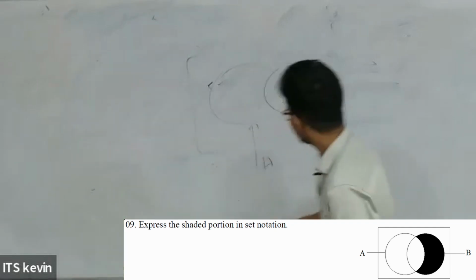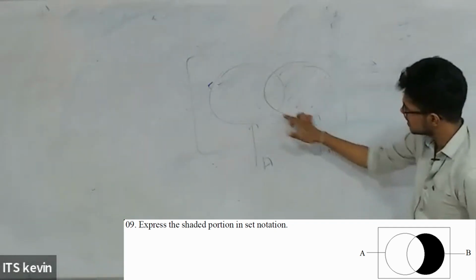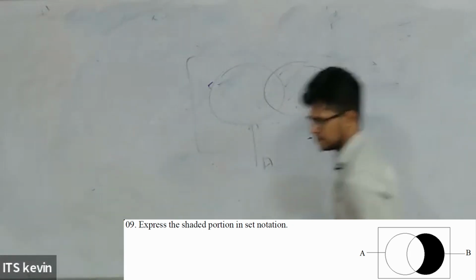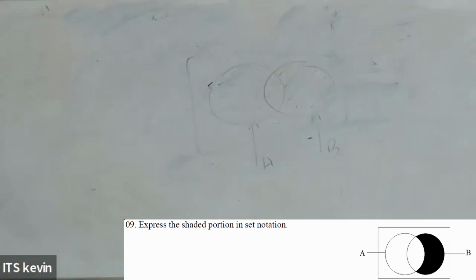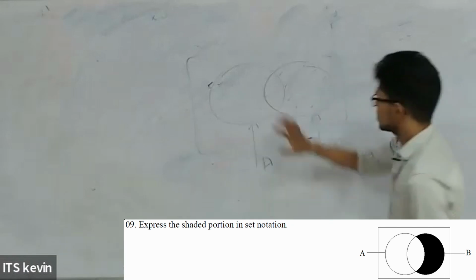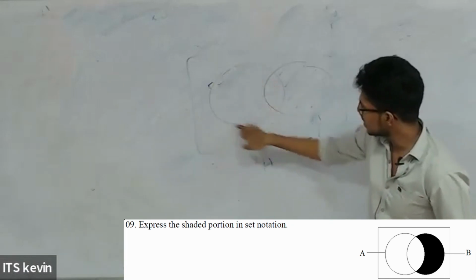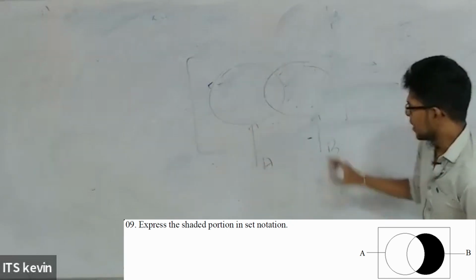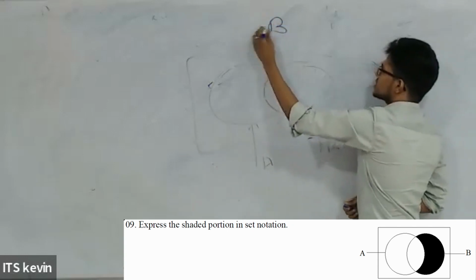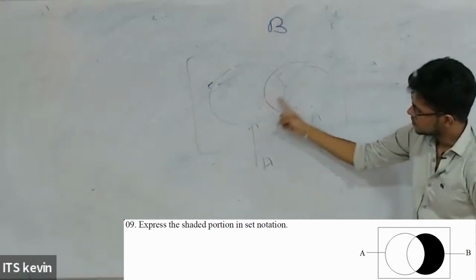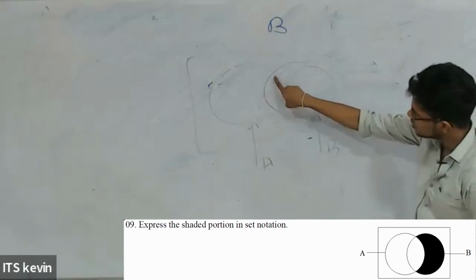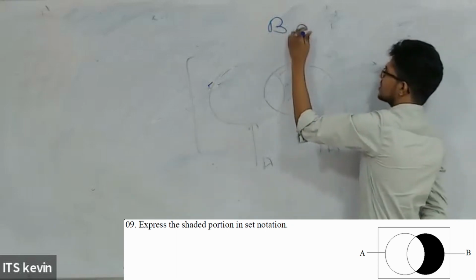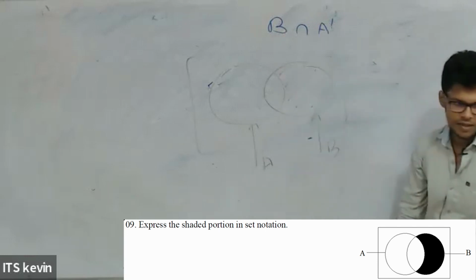Okay, so here you can see, if you have the full set, if you say A dash, that is everything out of A, everything without A. If you just say B, it will cover everything in B. From B, you have to remove the part which belongs to A. So you need B intersection A dash, right?